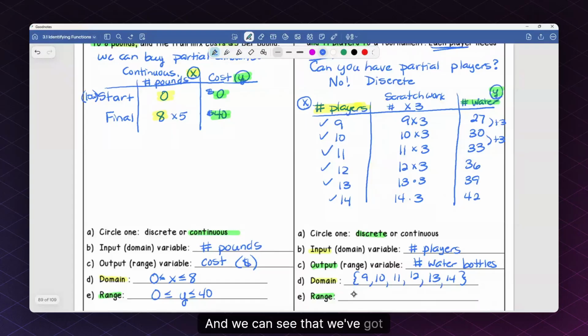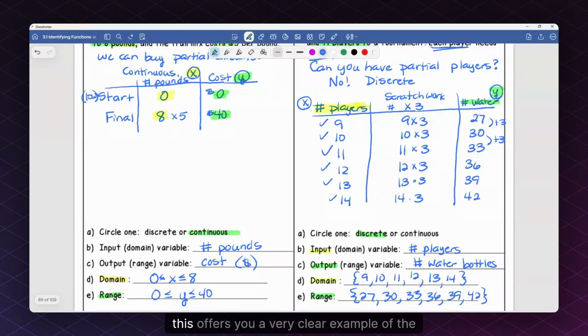And we can see that we've got 27, 30, 33, 36, 39, and if you can't write your curly braces, well, that's okay. I can't really write them well either. They get a little goofy looking.